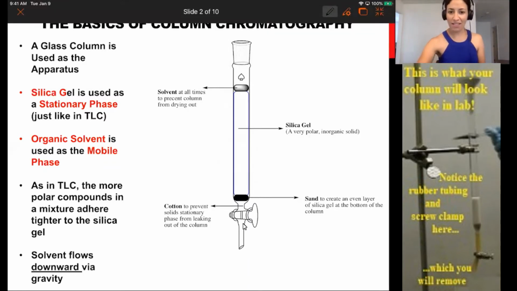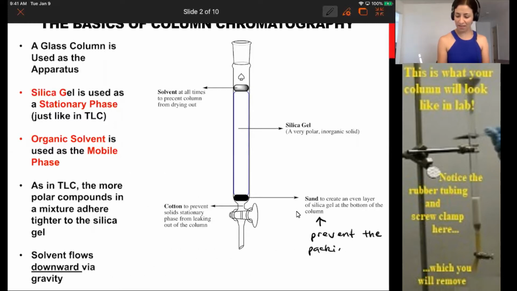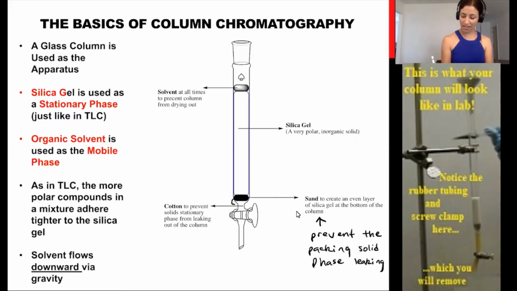In our case, we're going to place a cotton and sand plug down here at the bottom. So this is going to prevent the packing of the solid phase from leaking. Okay, so we're going to have a sand and cotton plug, and then we're going to have a tube with a release valve to control the flow of solvent.